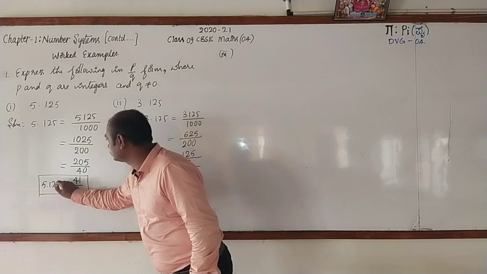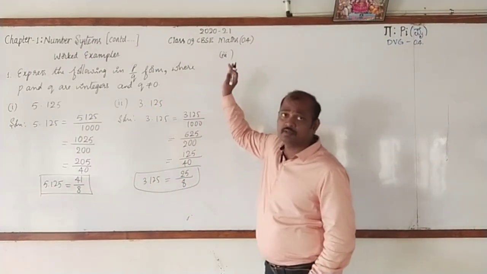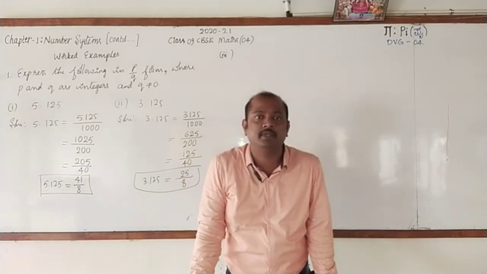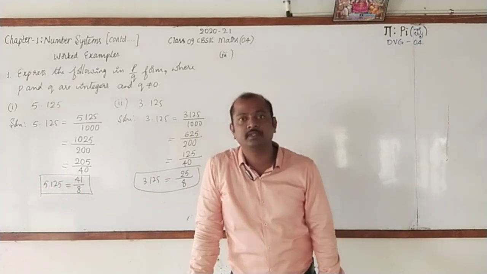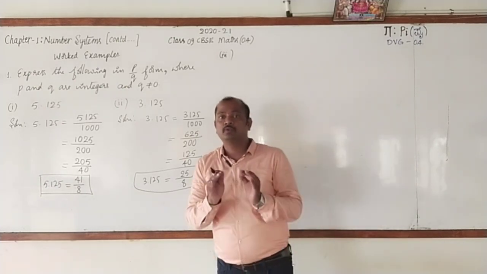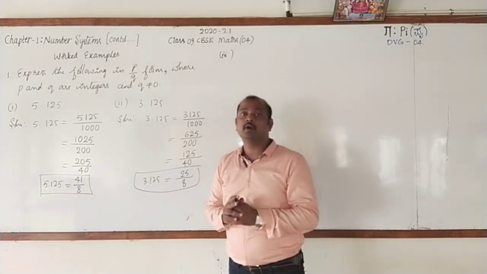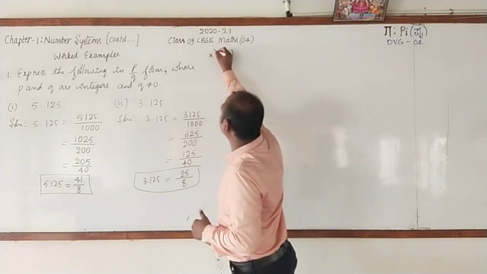Okay. Now, this third problem I am going to solve is very important from the examination point of view. No doubt, one question will be given in the examination. You have to write the non-terminating recurring decimal expansion in the form of P by Q. Again, I go for taking the textbook example.